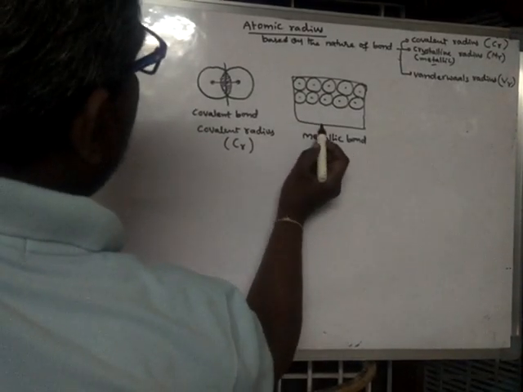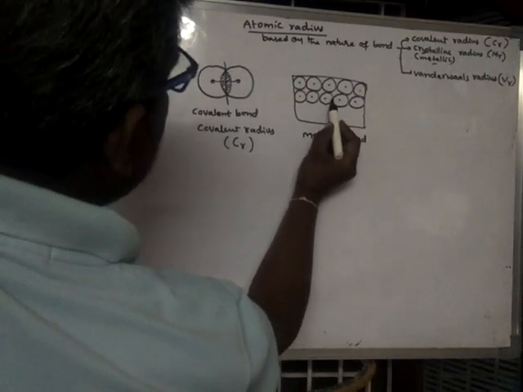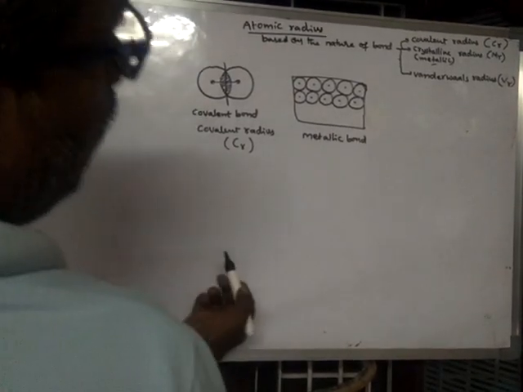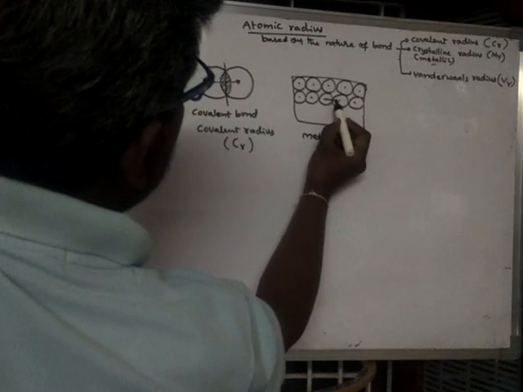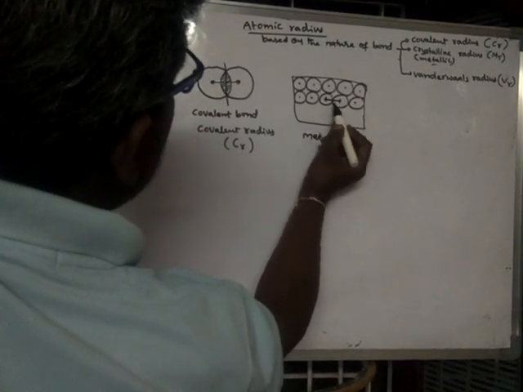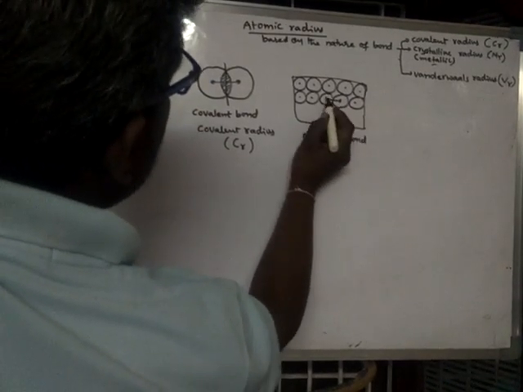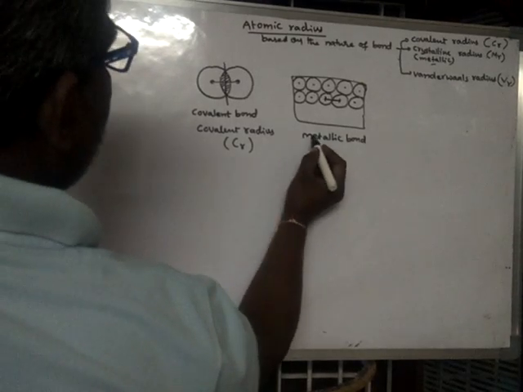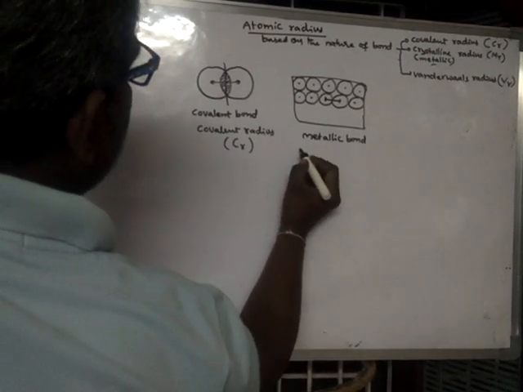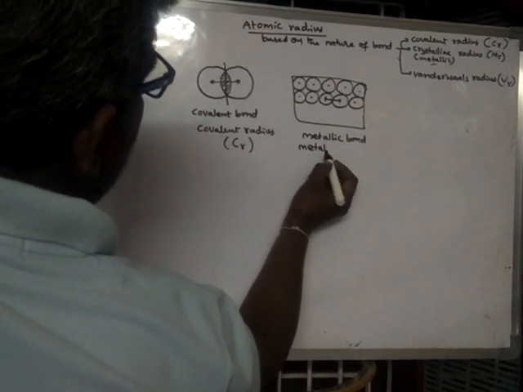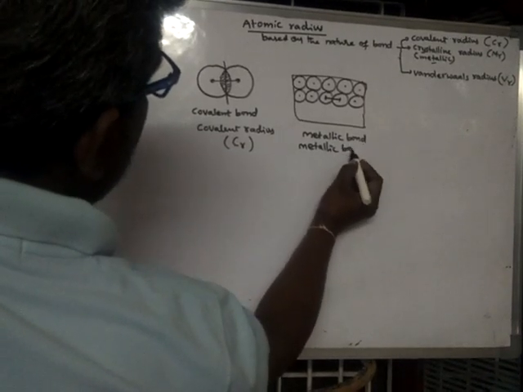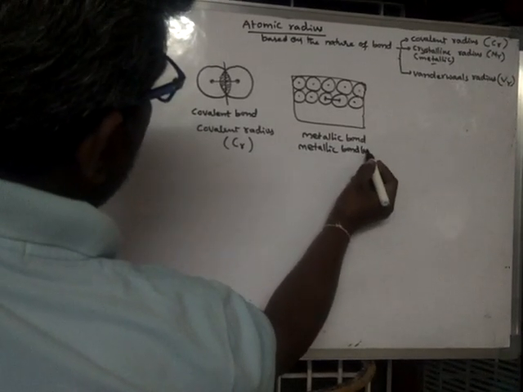So here in the metallic bond, suppose these two atoms are in a metallic bond. The distance between the two nuclei of the metal atoms is said to be the metallic bond length. What is bond length?